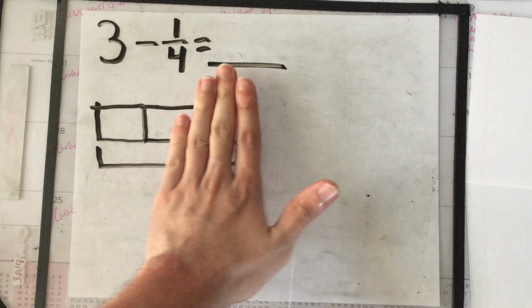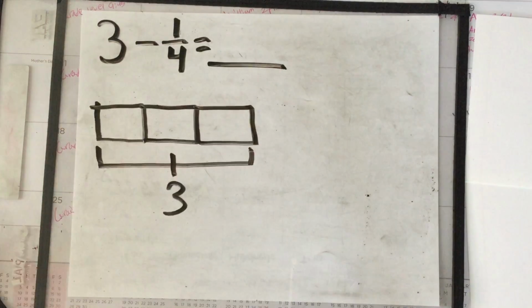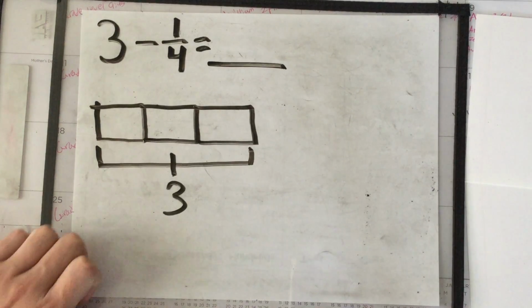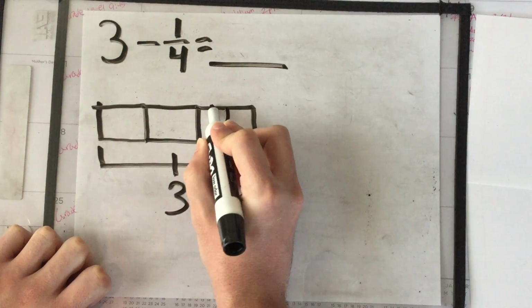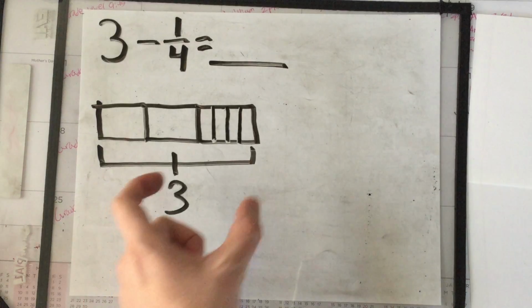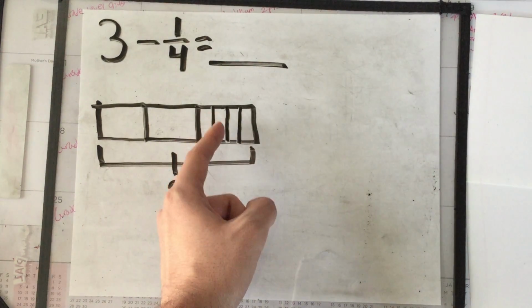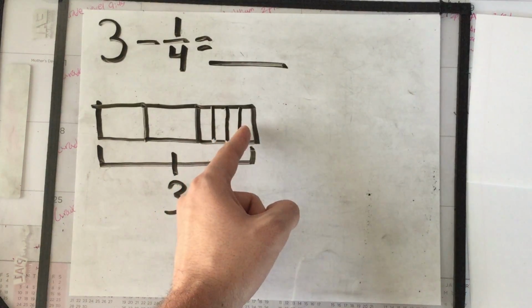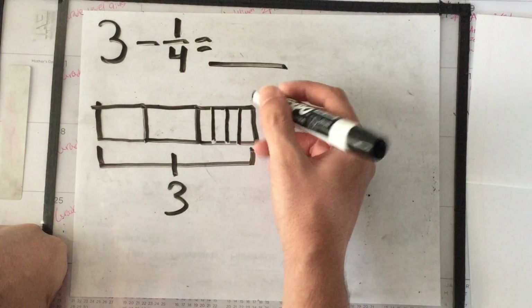Now, instead of taking 1 whole box away, we're only taking 1/4 of a box away. Well, I don't have any fourths in here. So what I'm going to do is I'm going to change one of my boxes into fourths. You see that? Now this box has been split into 4 pieces. 1/4, 2/4, 3/4, 4/4. And I'm going to take one of those fourths away.